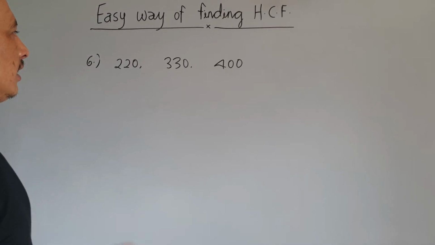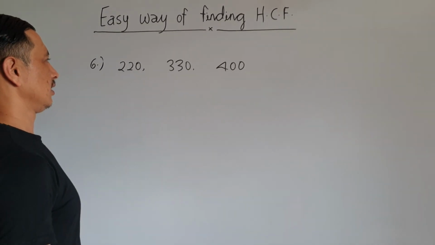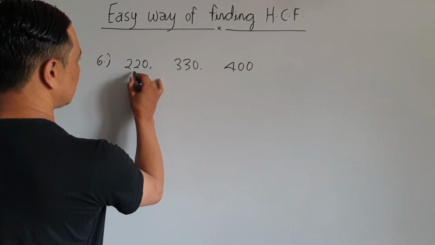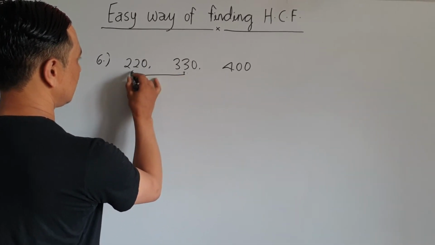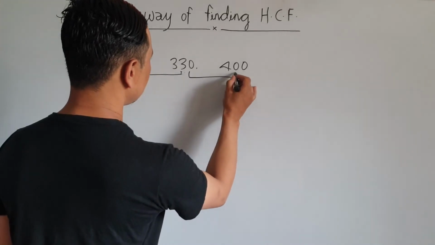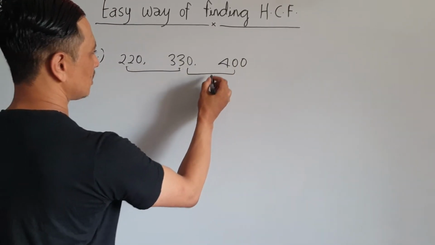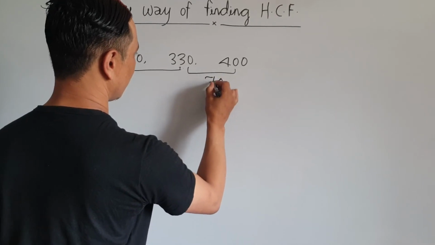Here we find the least difference in this case also. By inspection we can find it easily. The differences are 110, 180 and 70, so the least difference is 70.